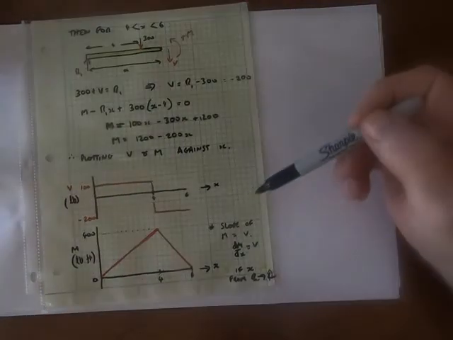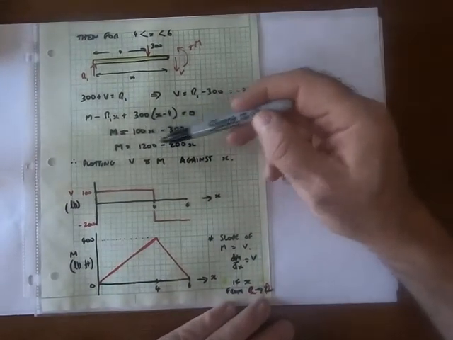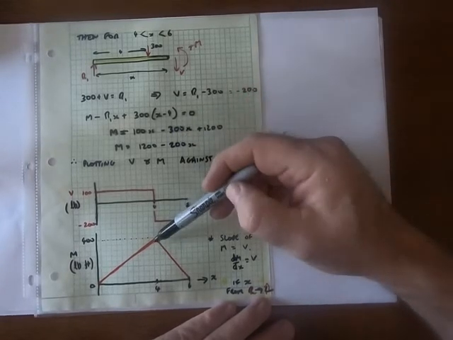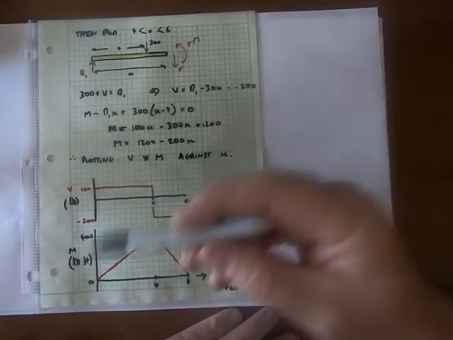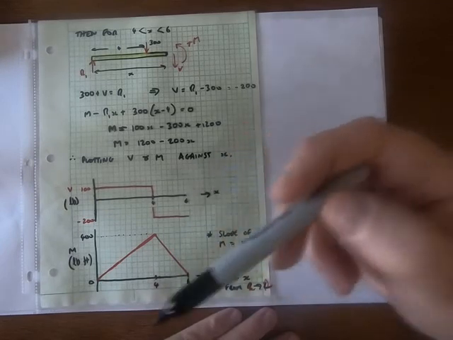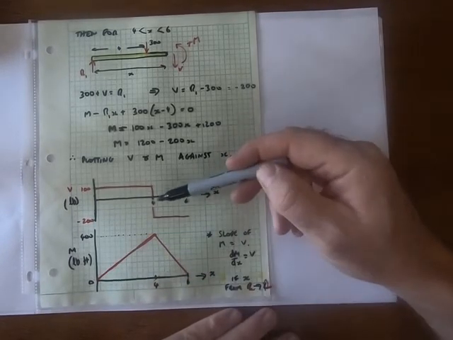Similarly for the second one, if I differentiate the moment, 1200 minus 200x, the slope is minus 200, which is the slope there. So, number of things. Moments of simply supported beams are 0, curves are continuous, and the gradient of the moment curve is the shear force diagram.